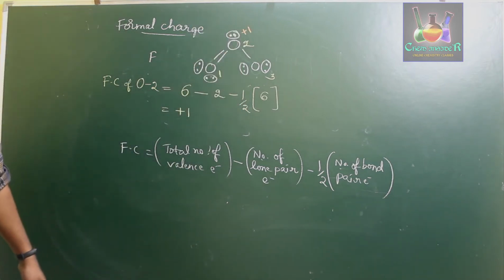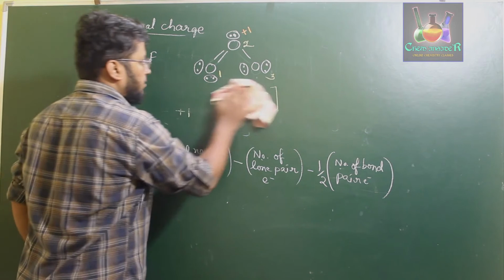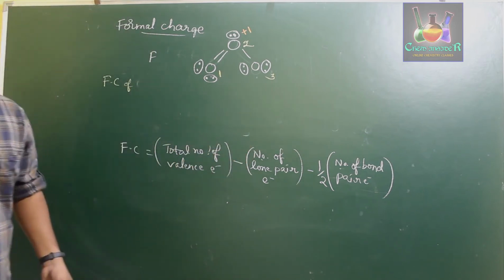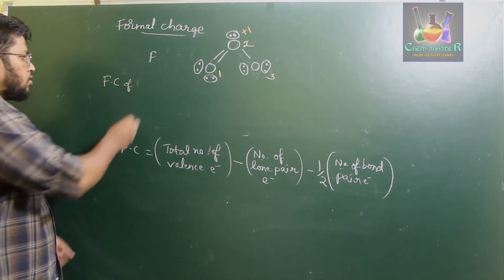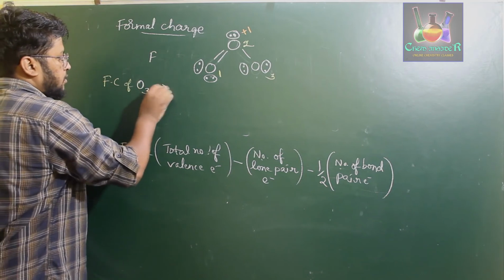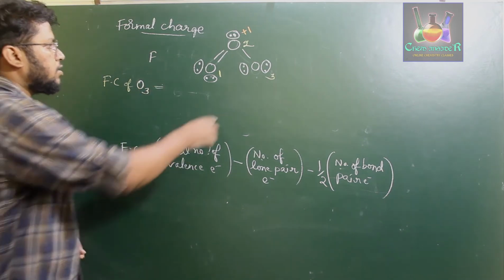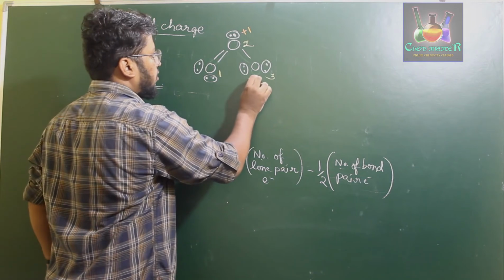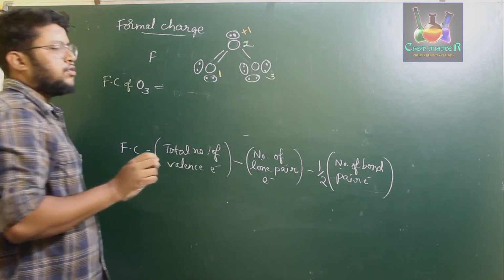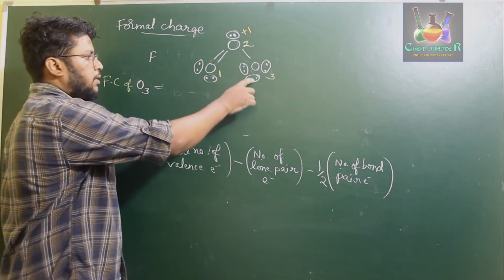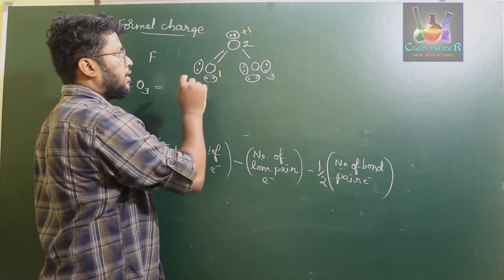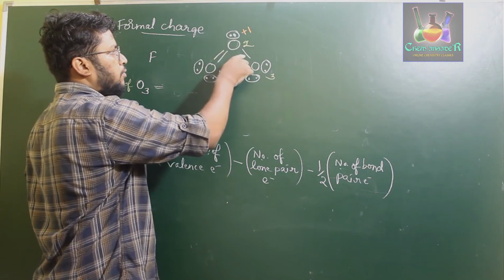Now the formal charge on oxygen 3. This oxygen carries 3 lone pairs of electrons because it should have an octet structure: 2 plus 2 is 4, plus 2 is 6, plus 2 is 8. The 2 lone pairs and 3 bonds, totally 8.